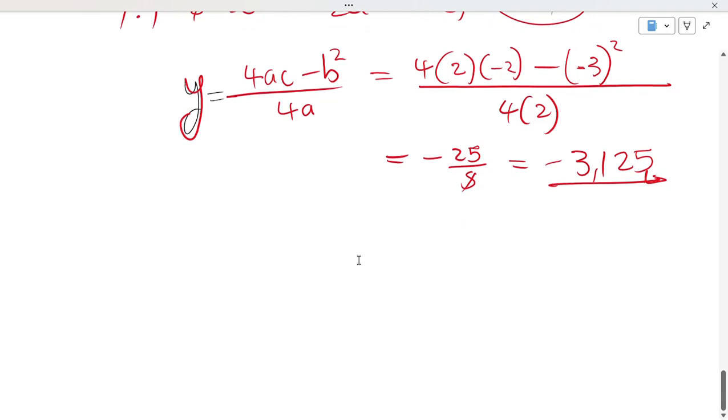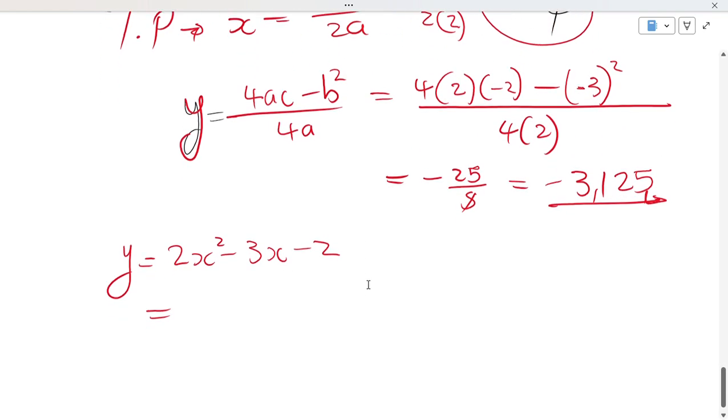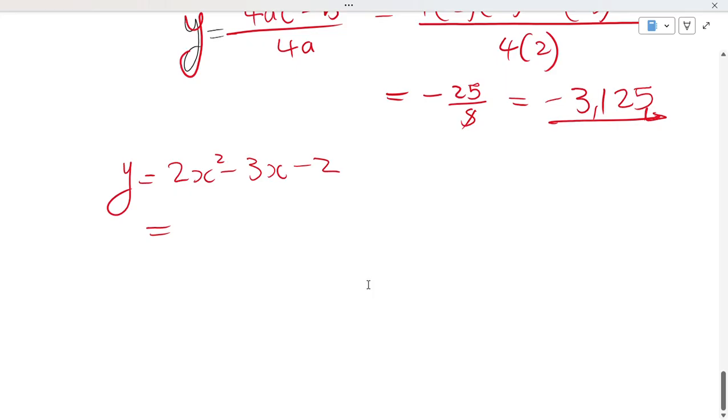And then the one I want you to use is the actual formula. This is squared here, this is minus, like that, right? So the x value, you found it to be negative 3 over 4. So you just plug it in.